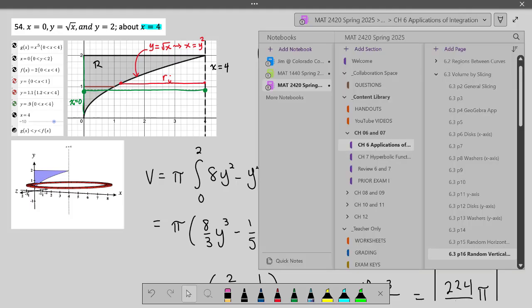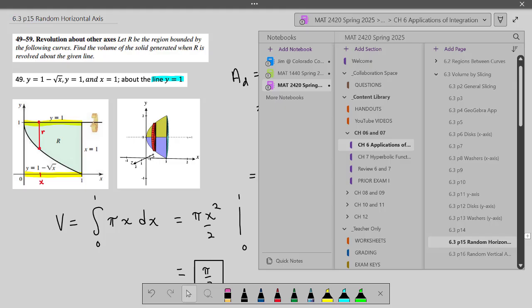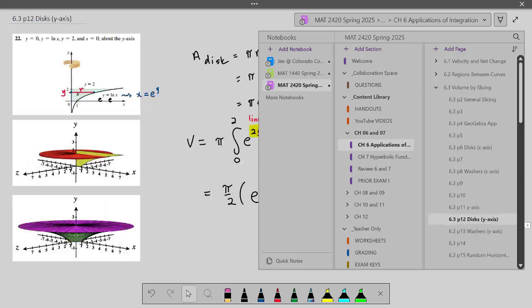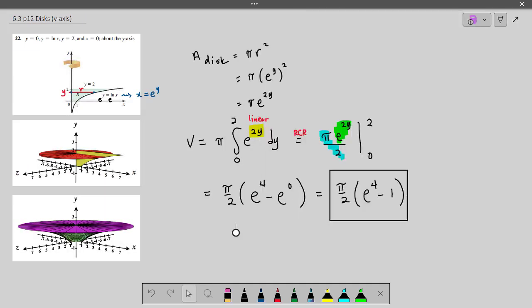So when we're looking at this here, the radius of this disk is inside the region, which is much less confusing than measuring distances that are outside the region. And so for the washer, that's the piece that's a little confusing.